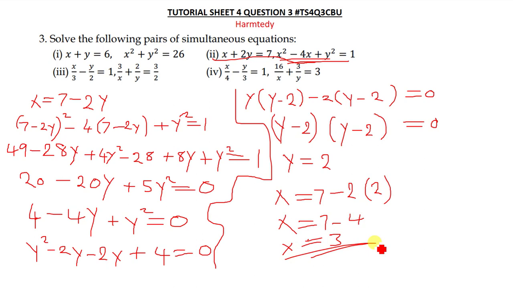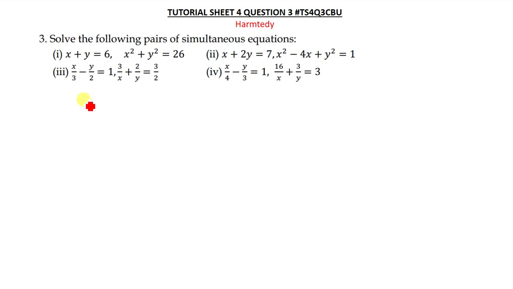Let's quickly move on to the next question. So the next question is this one. This question is also simple. We can simplify this first linear equation by multiplying everything by 6. Actually, I think the best way we can simplify this, let's just make x the subject.